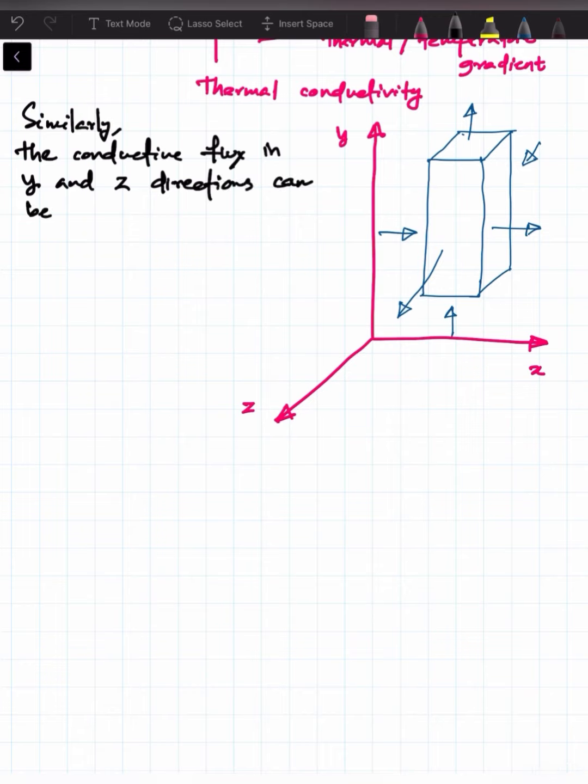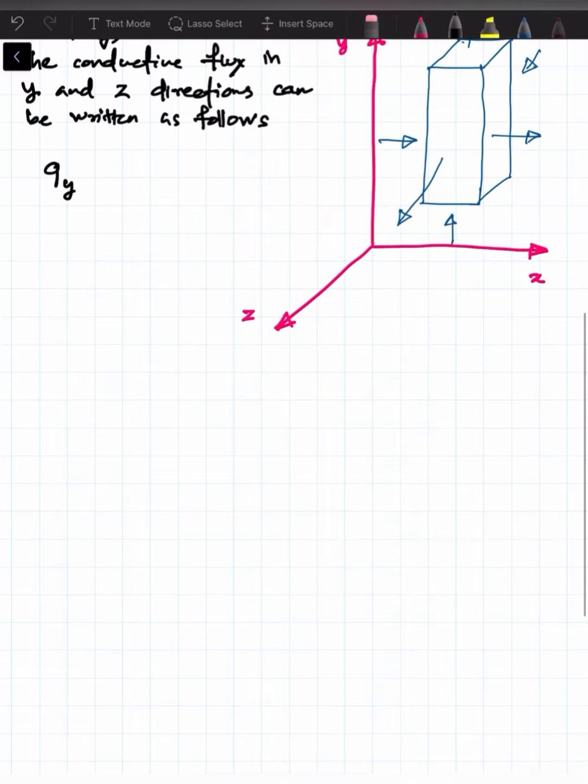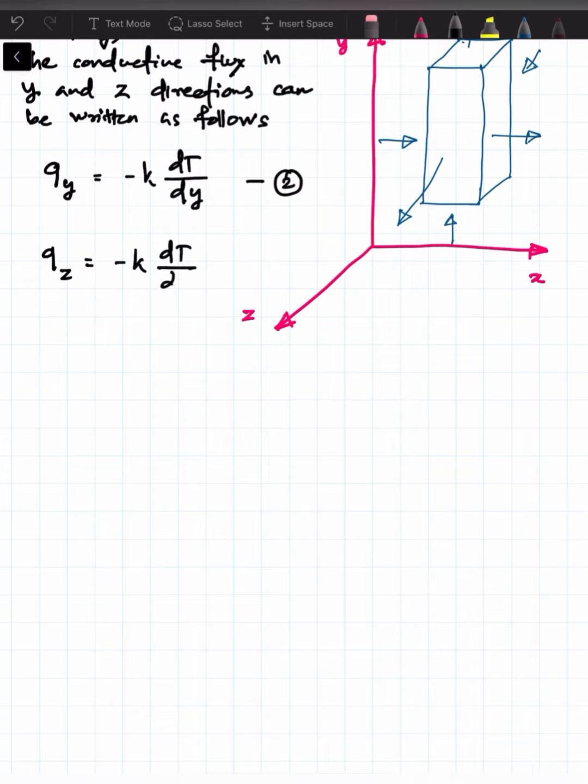Qy, the heat flux in y direction, equals minus K dT/dy, and that's equation number 2. Let's say Qz is minus K dT/dz.